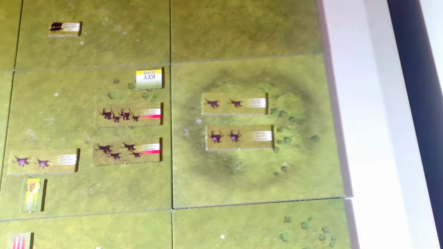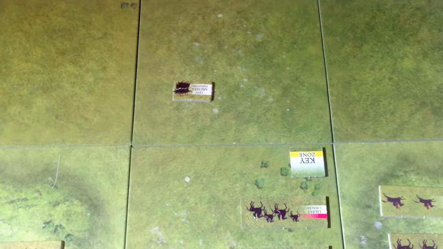Moving over to the Persians, they decided to bring their light infantry on to occupy this ridge here. They brought heavy cavalry to reinforce this left flank here, and they're bringing in their archers in the rear there.